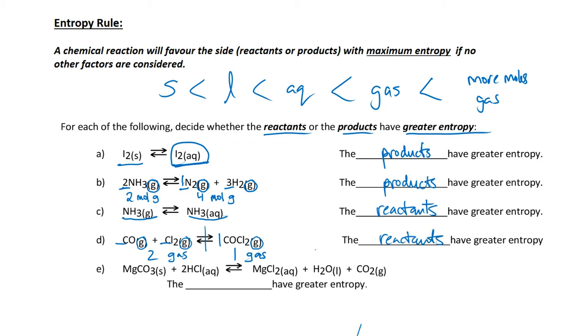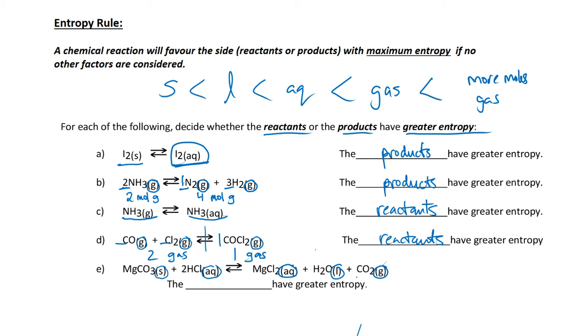Question E, look at the reactant and product side. On the reactant side, I've got solid and aqueous species. On the product side, I've got aqueous, liquid, and gas. Don't worry about having to compare all these different kinds of phases. All we care about is where we have the most entropy.